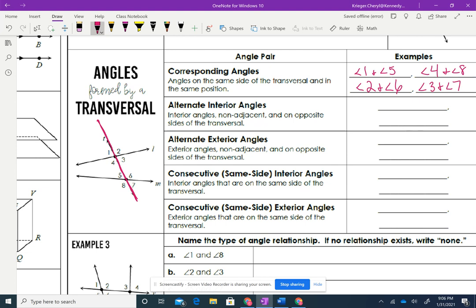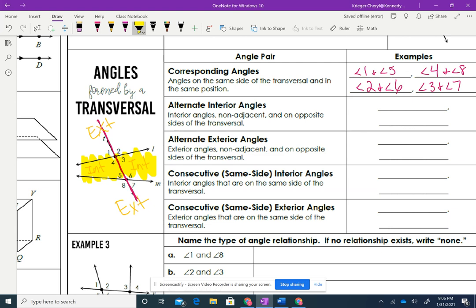If I have two lines and it's asking about the interior, it would be here, right? Inside the two lines. So this would be the exterior. Anything highlighted is the interior. Hopefully you guys can see that.